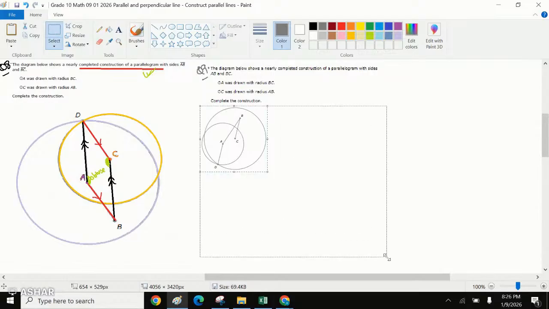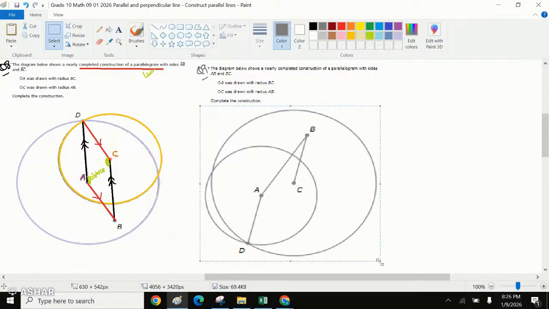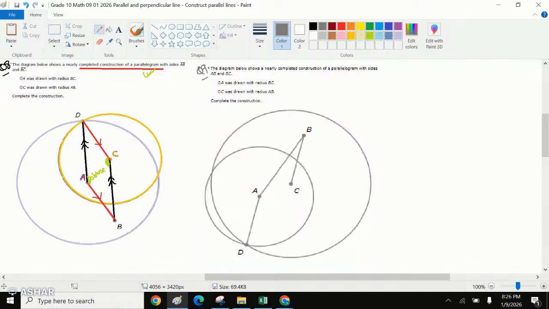Okay, moving on to this. Looks kind of easy, right? Let's pick the first circle, the larger circle. We are just trying to highlight the centers of the circle, so that we know which circle we are moving from. This goes down.